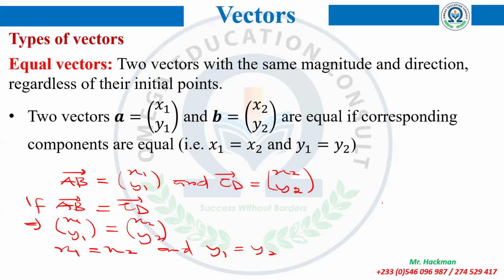Or better still, I can say I have a vector PQ equal to 3, 2, and I have a vector XY equal to A, B. Under what circumstance, or what condition, will these two vectors be equal?